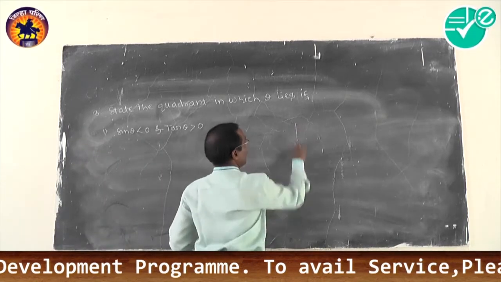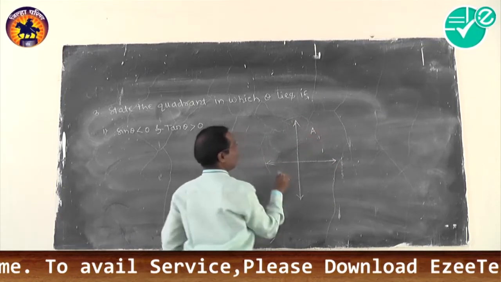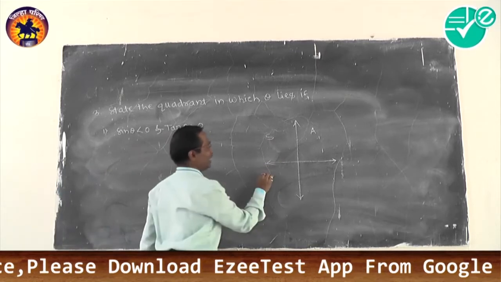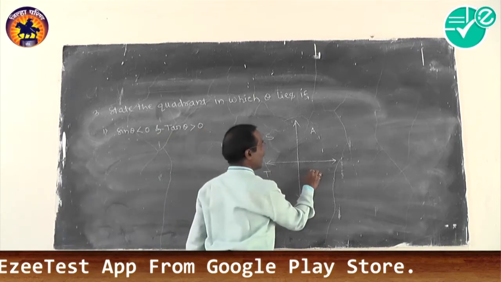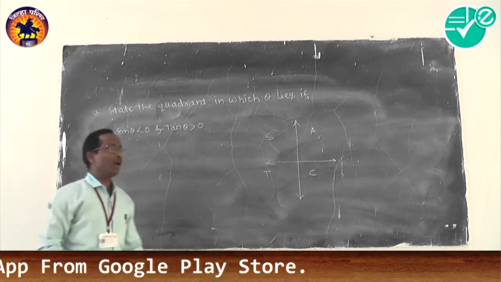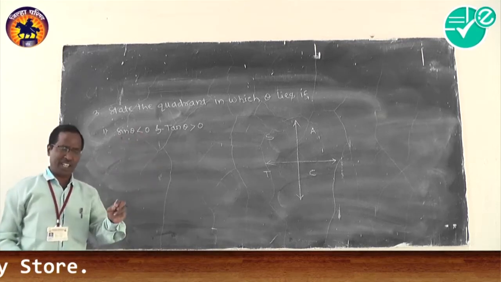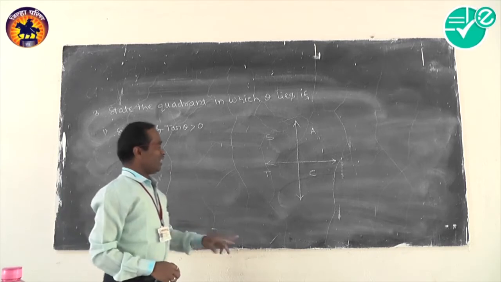Here, in first quadrant, all the trigonometric ratios are positive. In second quadrant, sine and cosec are positive. In third quadrant, tan and cot are positive. And in fourth quadrant, cos and sec are positive. Here, sin theta is less than 0, means sin theta is negative. So theta lies in which quadrant?